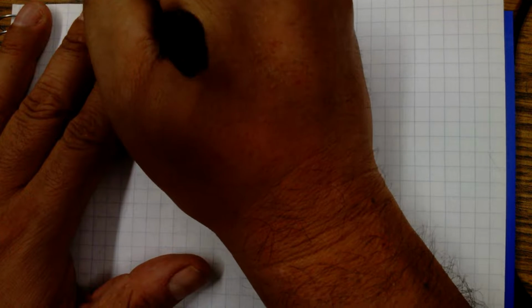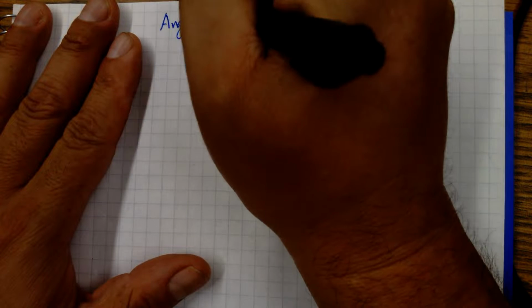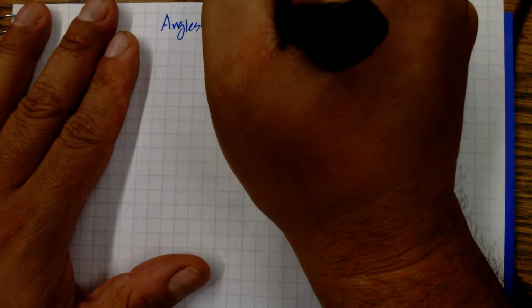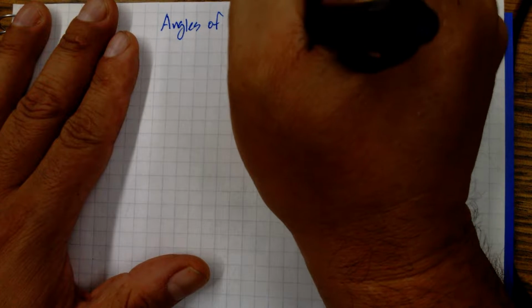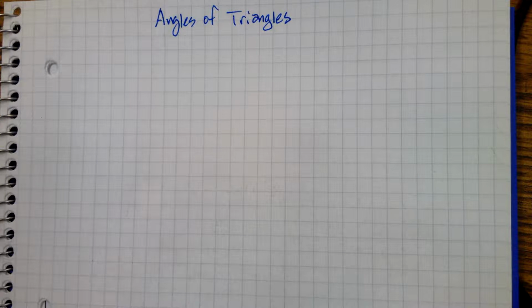So we're going to call this angles of triangles. Okay, and here we go.